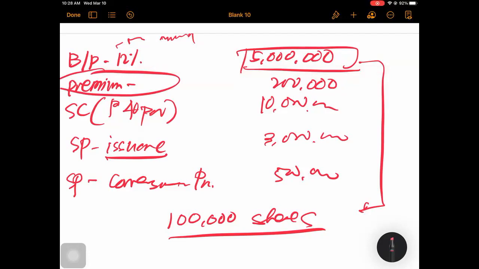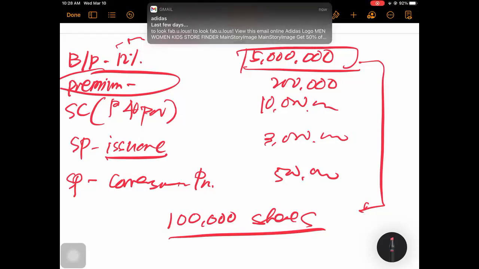Okay, since the problem did not ask us to compute it, let's continue. In connection with the conversion, the company incurred 100,000 cost of conversion. And the accrued interest on the bonds payable on the date of conversion is 150,000, which is paid in cash.